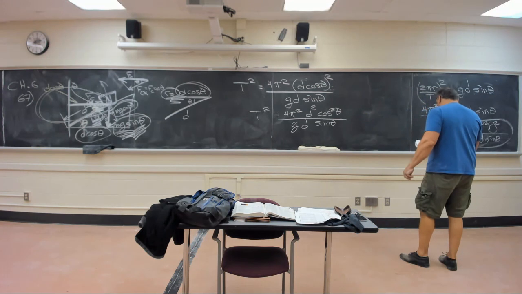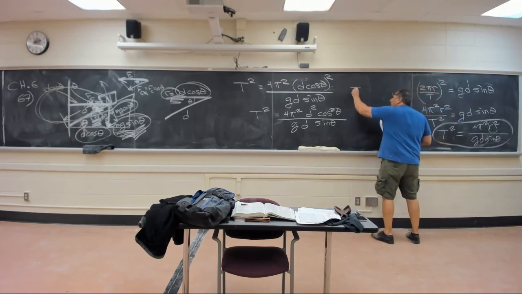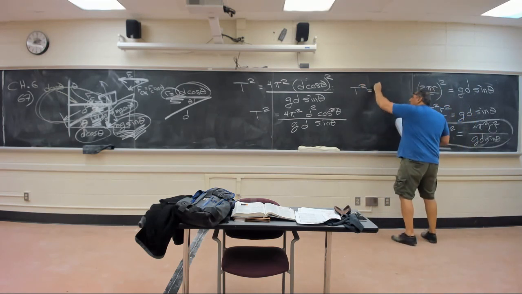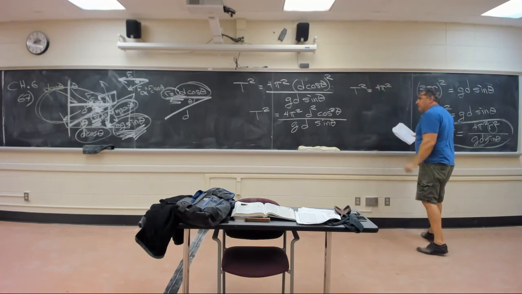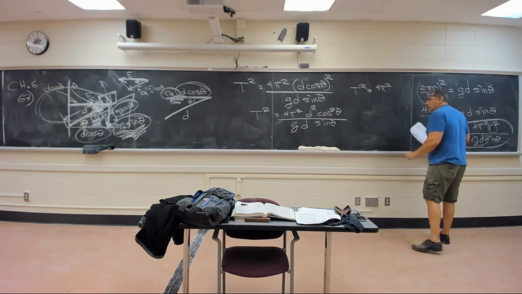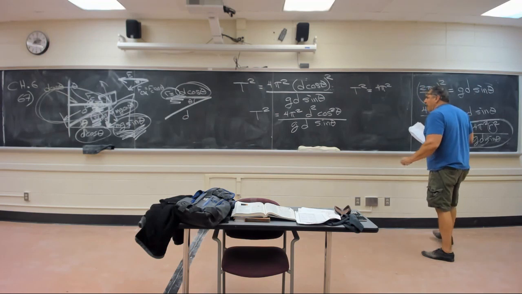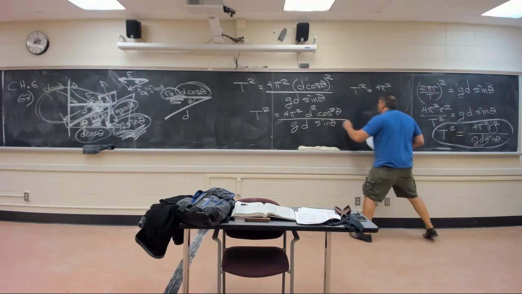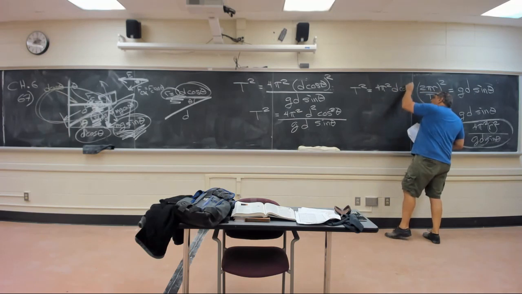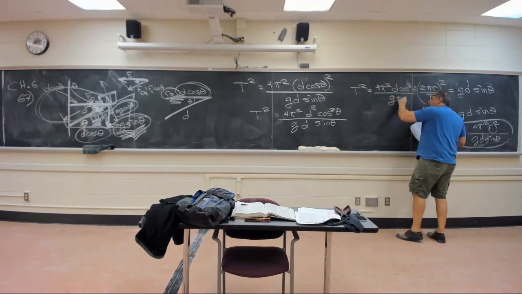The D's cancel, and you've got 4 pi squared. As we said, the D's cancel. D cosine squared theta over G sine theta.